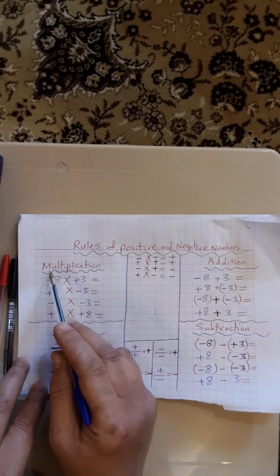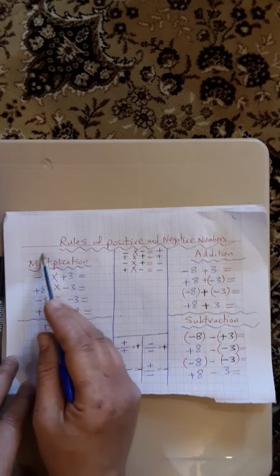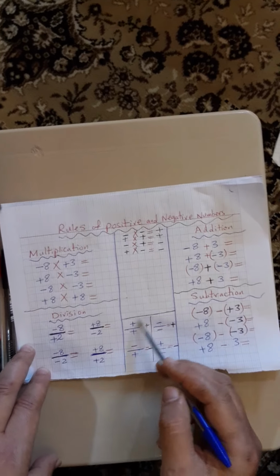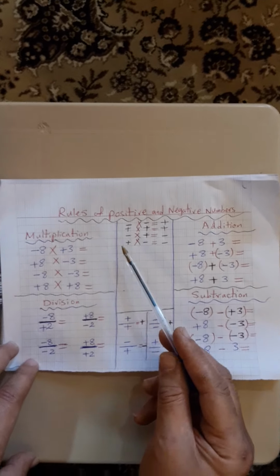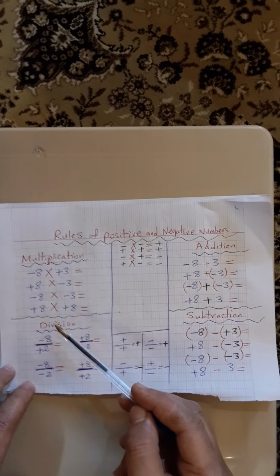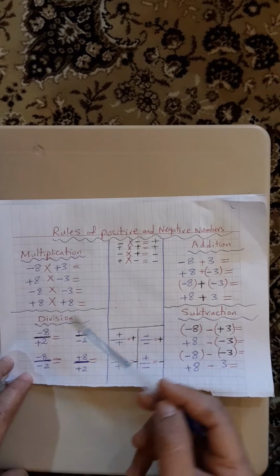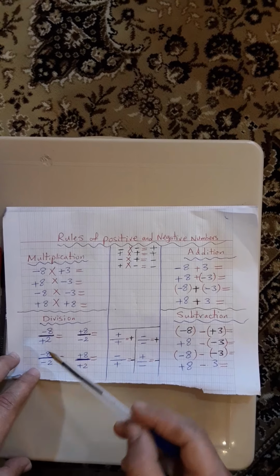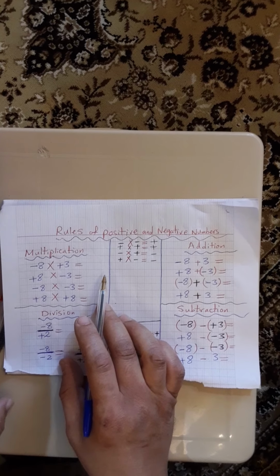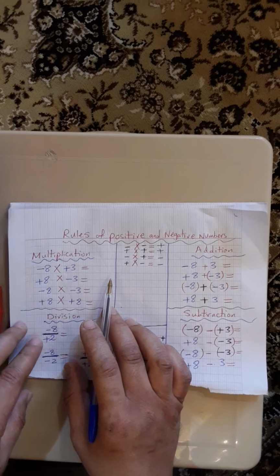First, I'd like to explain some rules of multiplication and similarly division, because there are positive and negative signs. Positive divided by negative, or negative divided by positive, or positives with positives, or negatives with negatives.